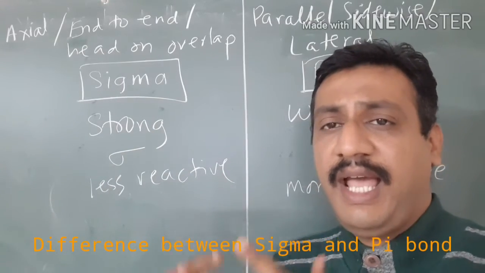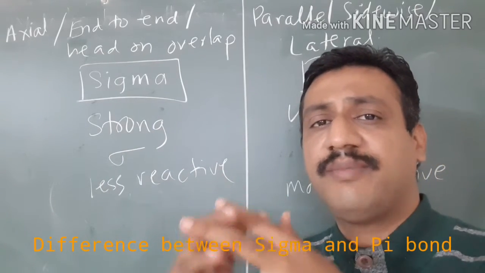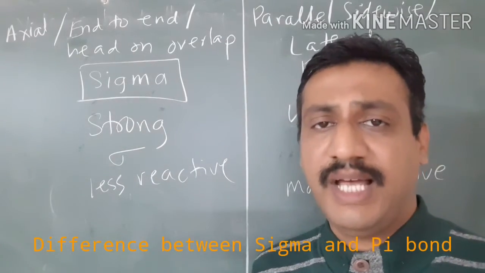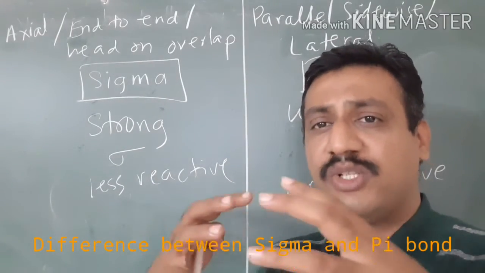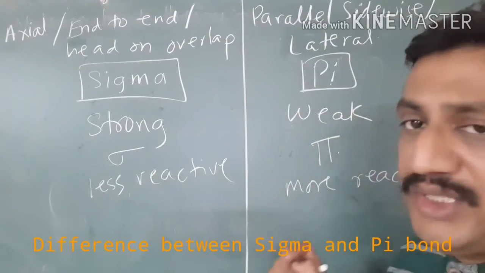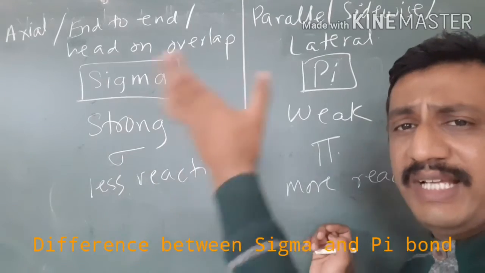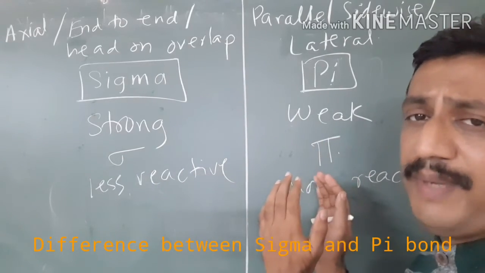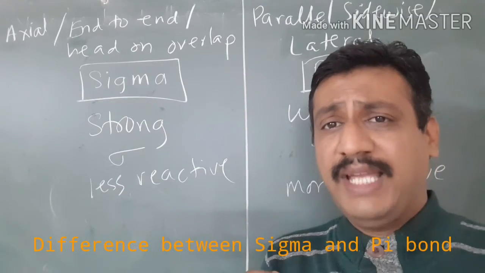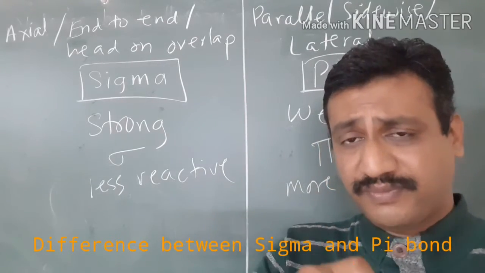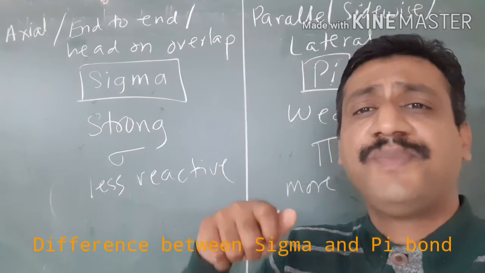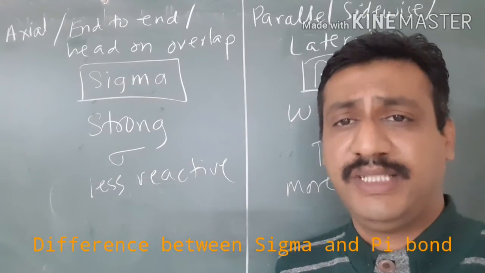As the sigma bond is a strong bond, sigma electrons do not take part in the chemical reaction with the other species, because these electrons are strongly involved in bond formation. Here, the pi bond is a weak bond. When the molecule with the pi bond reacts with another species, the pi electrons, being weak electrons, take part in the reaction with the other species easily.